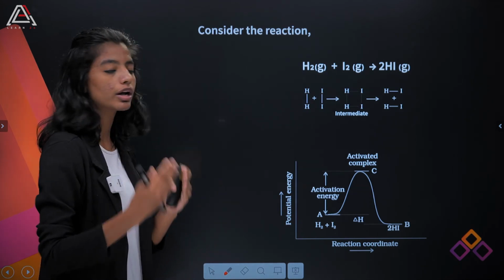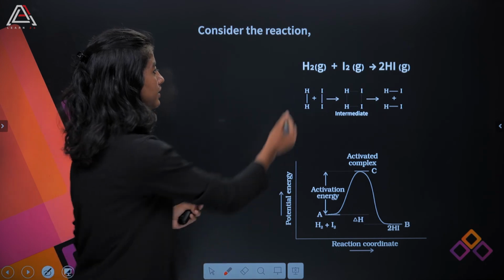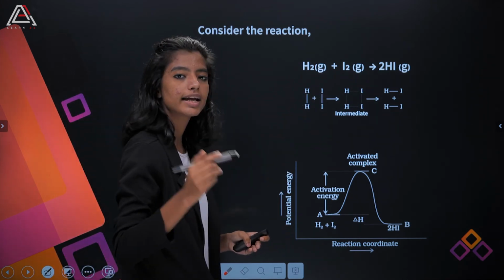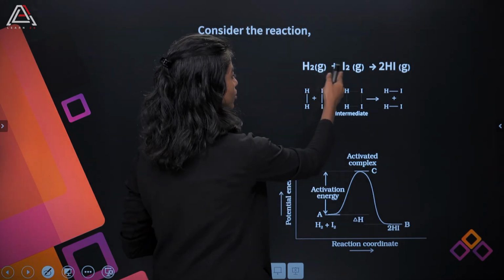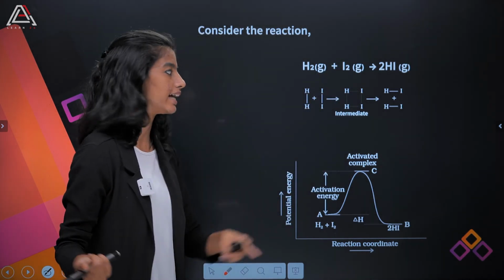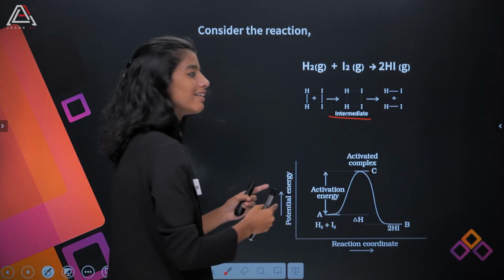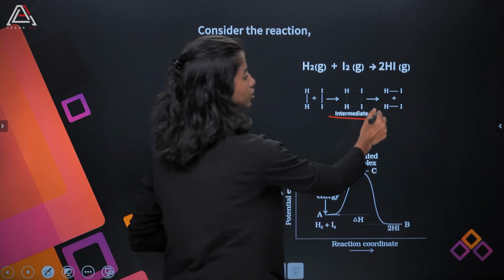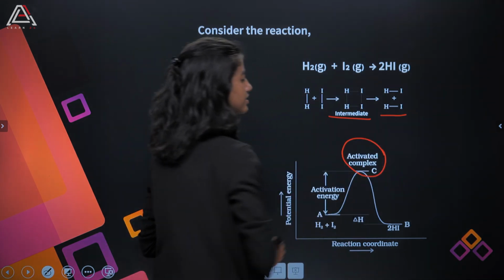Now let's learn more about the activation energy. For that, consider a reaction H2 plus I2 gives 2HI. On reacting, H2 and I2 form an intermediate. Soon it will break down and form 2HI. This intermediate is called the activated complex.